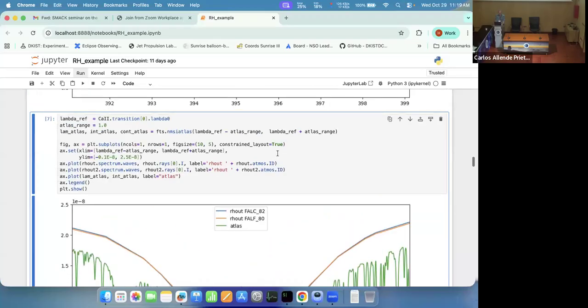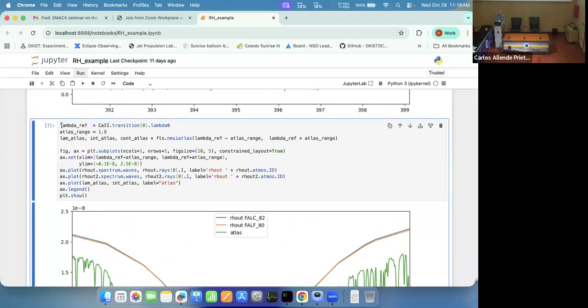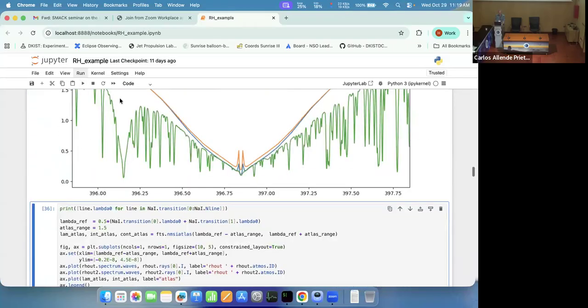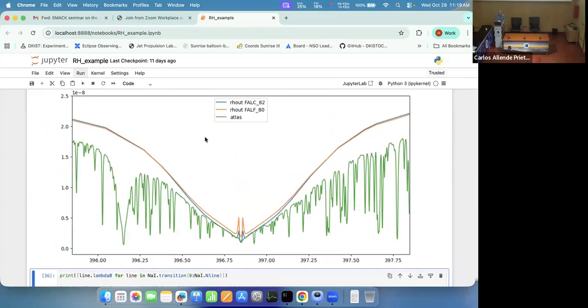And then if we compare the intensities for the different model atmospheres with the atlas, you see that because the temperature in the photosphere and the chromosphere in the two atmospheric models were very similar, the line intensities only vary in the core of the line, which forms in the higher layers of the chromosphere. And definitely the emission in the Val F model is much more pronounced than in blue here in the Val C model.